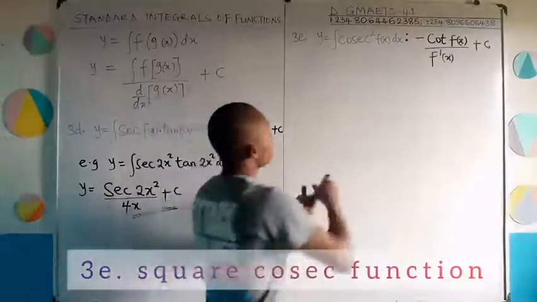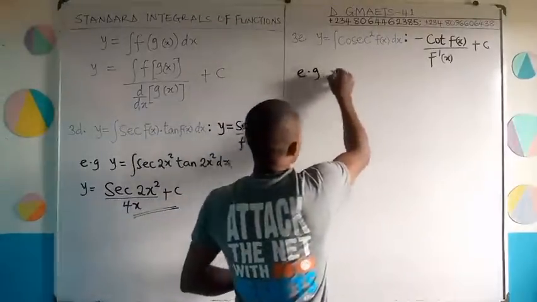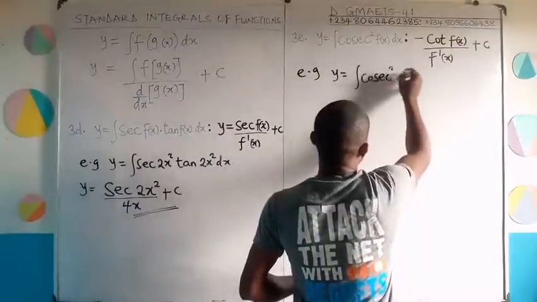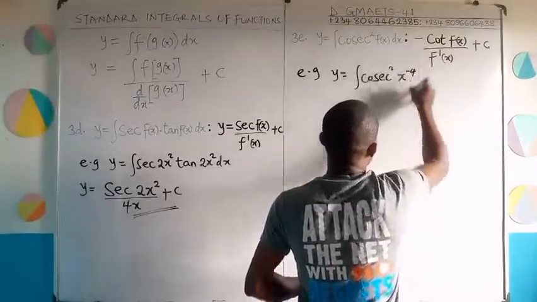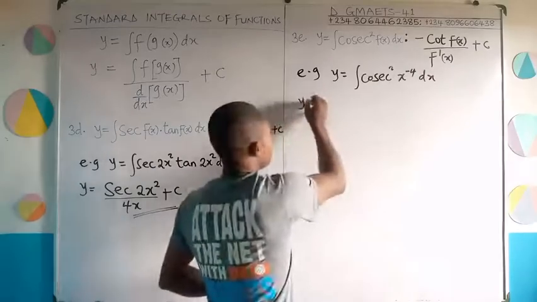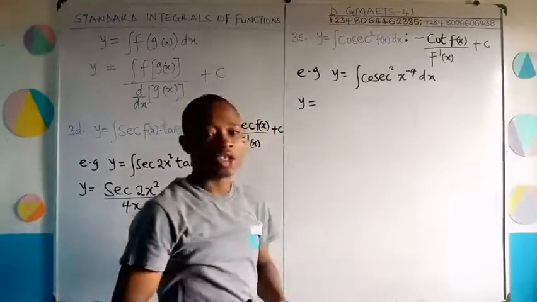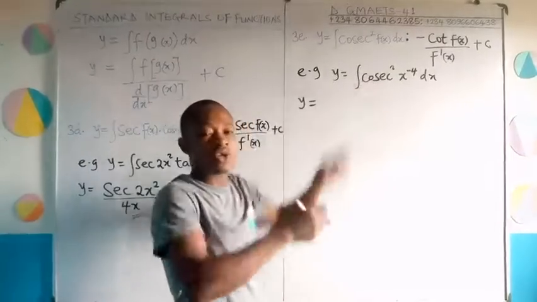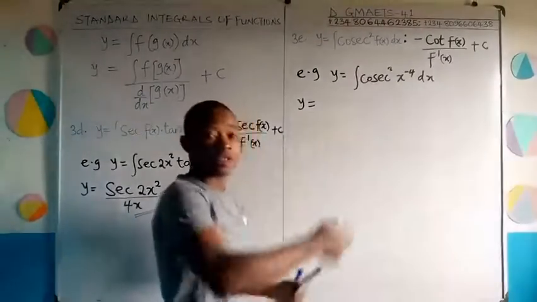Okay, let's look at a quick example here. If you're given y to be integral, say cosec square of x raised to the power minus 4, and then you are integrating with respect to x, your result is going to give us, watch, our major function is cosec square. Integral of cosec square will give us minus cot.